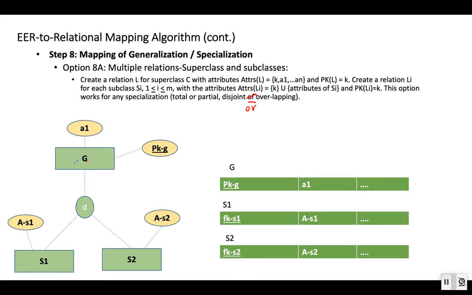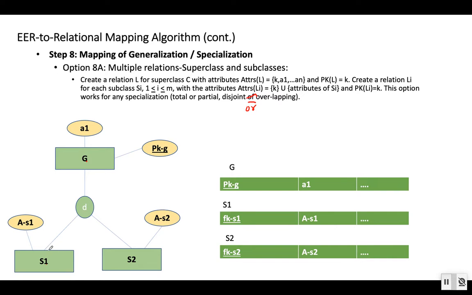So the relation for the superclass is going to contain all the attributes of this superclass, so A1 and the primary key of the superclass. Now for the subclass we are going to include only the special attributes that are specified with the subclasses, for example AS1 with S1 and this attribute with S2.